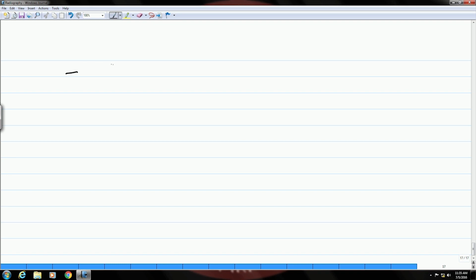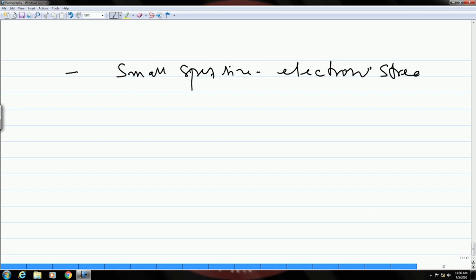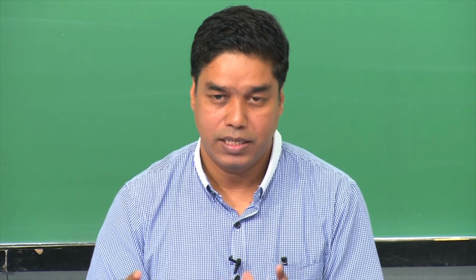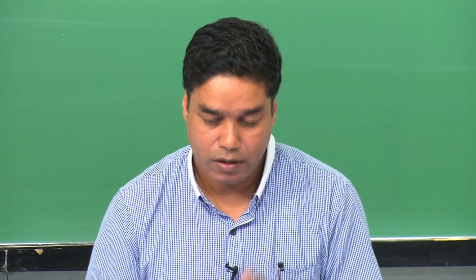But remember one thing, when you have a small spot size, you have electron streams focusing on a very small area, and this will lead to intense heating locally around that area, and as a result of that you have to control the power, you have to reduce the power, so that there is no excessive heating on the target.